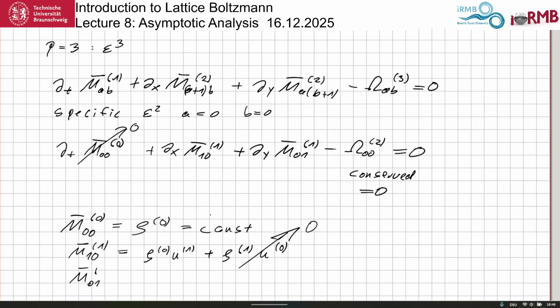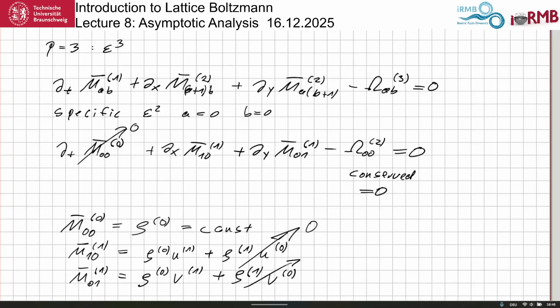m01 to first order is rho to the 0 order v to the first order plus rho to the first order and v to the 0 order. Okay, again, this is 0.